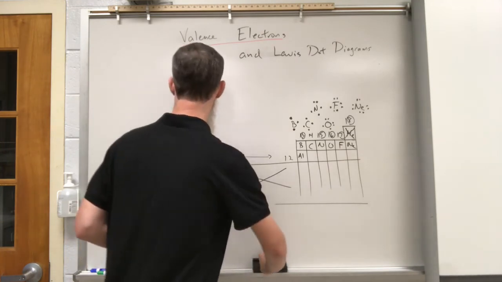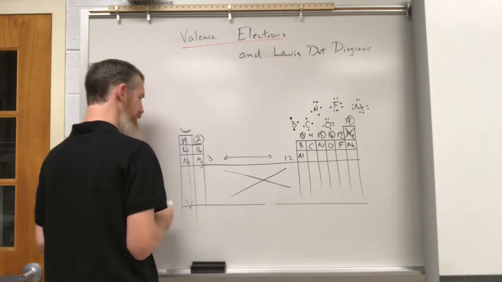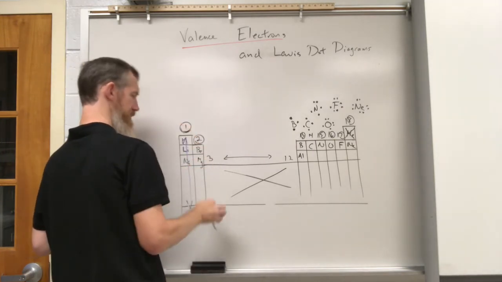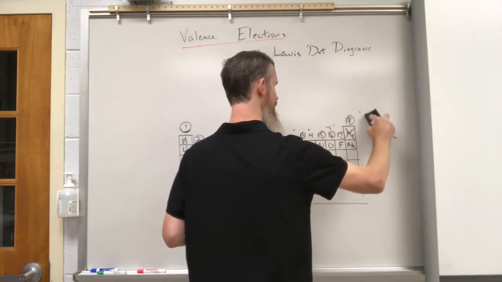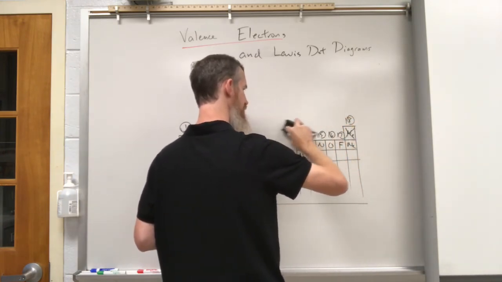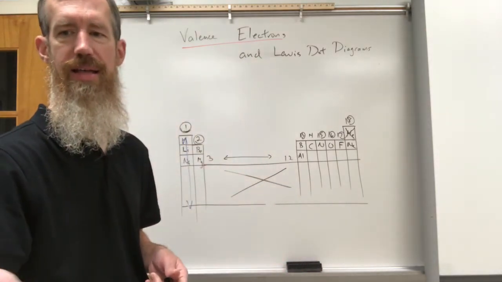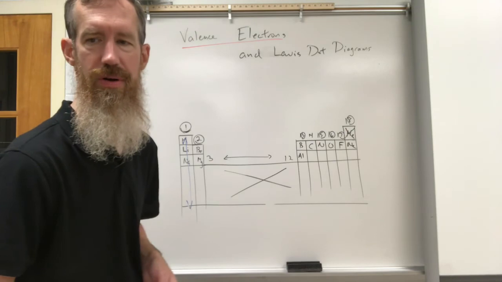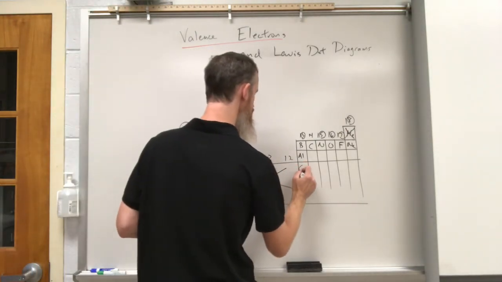So, for example, if I were to ask you about another element, let's look on our periodic table. Let's find the element number 31, Ga. Ga is here, gallium.